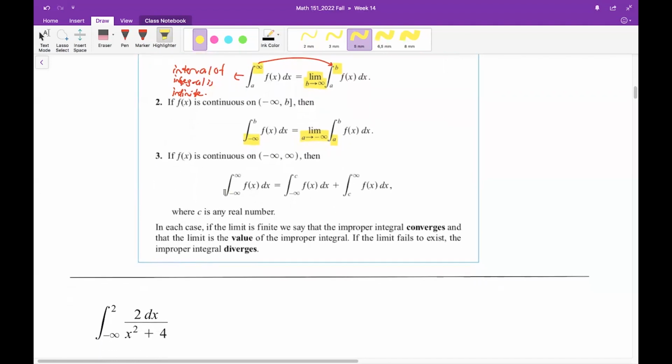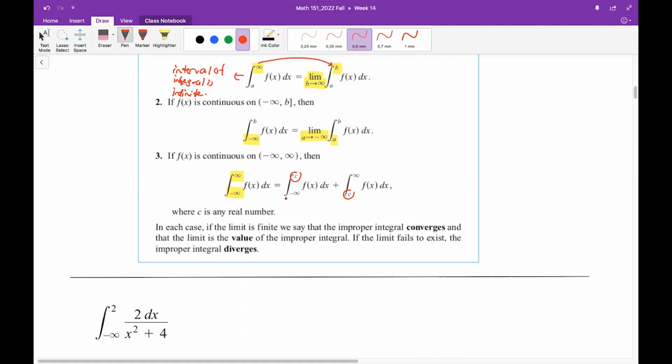Okay, in the third case, you see we have both minus infinity and plus infinity at the lower and upper bounds. So we need to fix them both, right? First of all, you can divide the integral into two parts at a middle point like c. You start from minus infinity, go up to c, and then you start at c and keep going up to plus infinity.